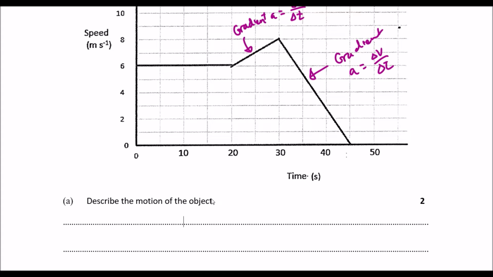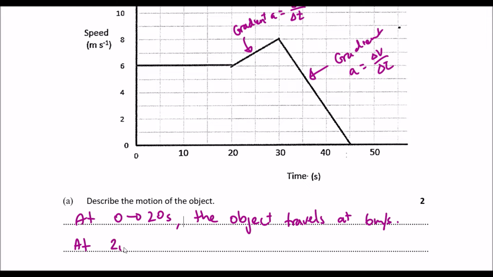Okay, so what we can say is at 0 to 20 seconds, the object travels at 6 meters per second. At the time of 20 seconds to 30 seconds, the object accelerates.